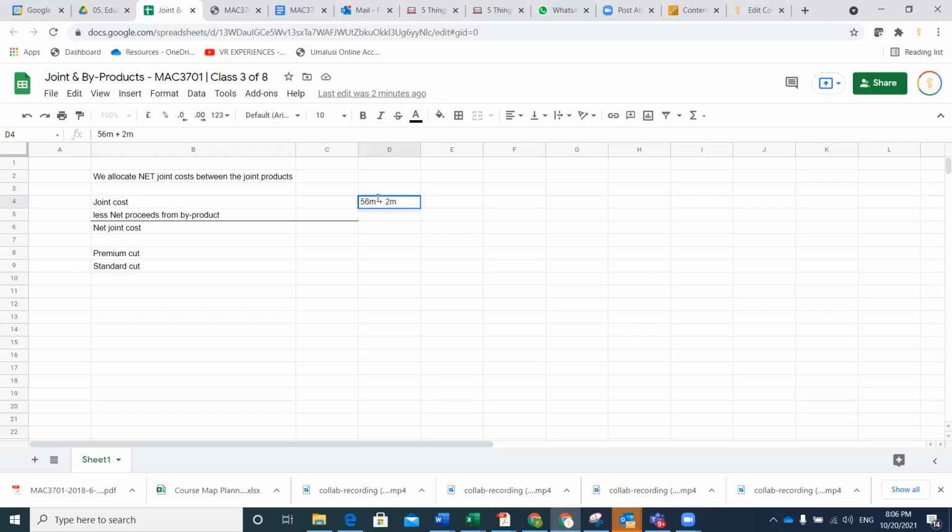Okay, so this is the holding process plus the purchase of the cattle. So this is equal to 56, 123, 123 plus 2.